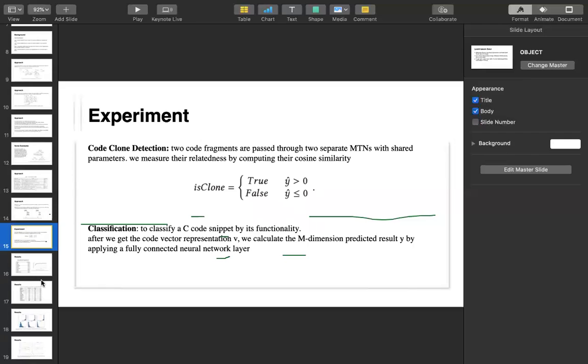For similar code, they assign a value of 1, and for different code, they assign a value of -1. For classification, after getting the vector representation, they use a fully connected layer with supervised learning to train the classification result.